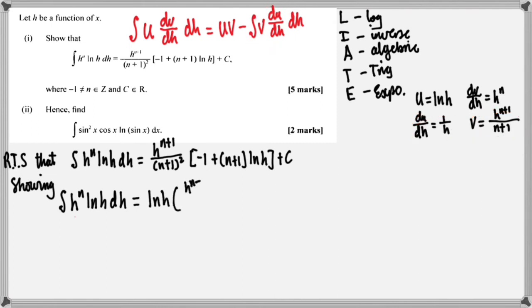So this is what we have here, your u times v, that's this by this, and that's how we get this. And the next thing we need to do is multiply this by this, right? And don't forget your integration sign and the negative sign, right? So this is what we have next.